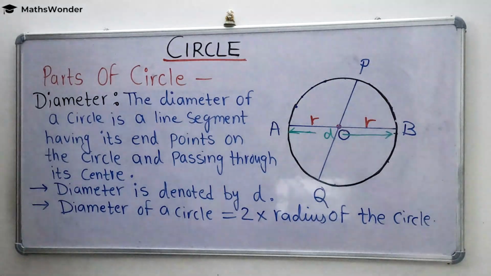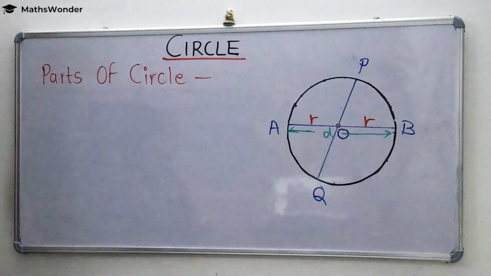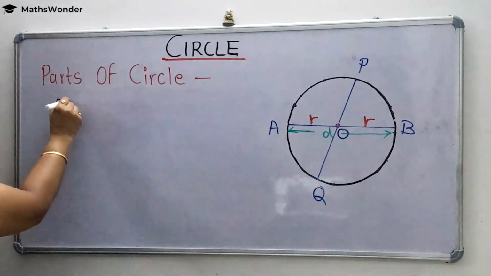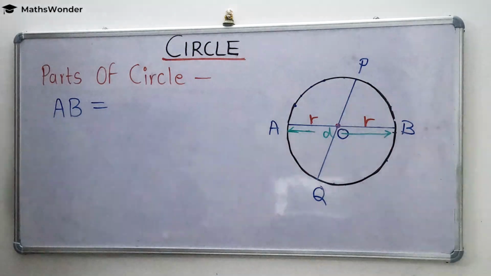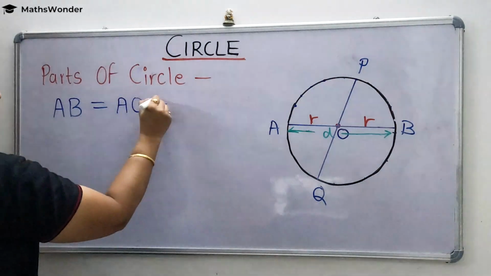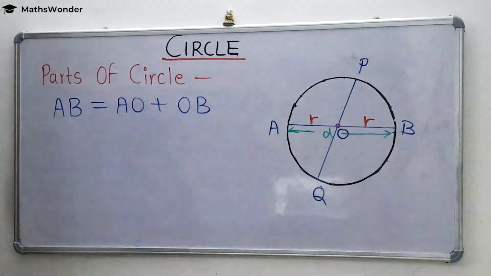Wait, I will explain after this. According to the diagram, AB can be broken into AO plus OB, right?